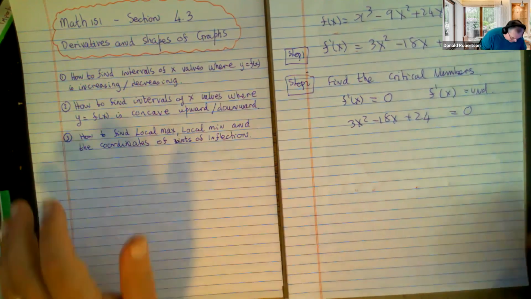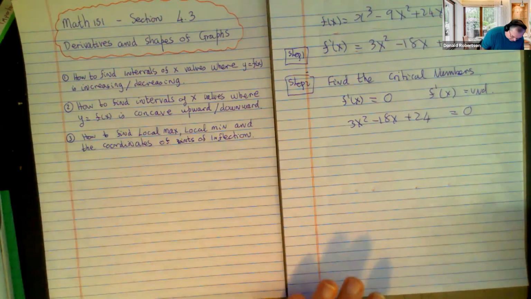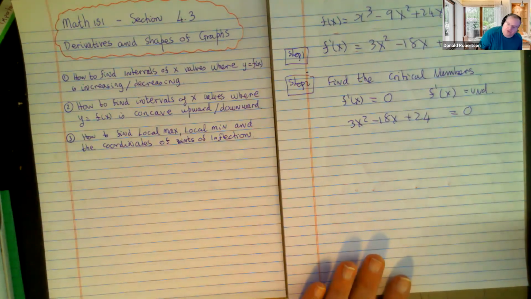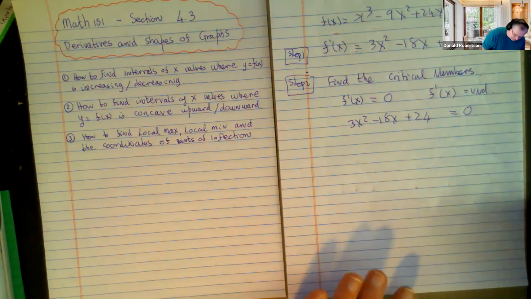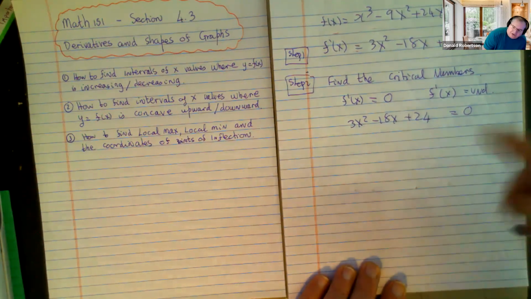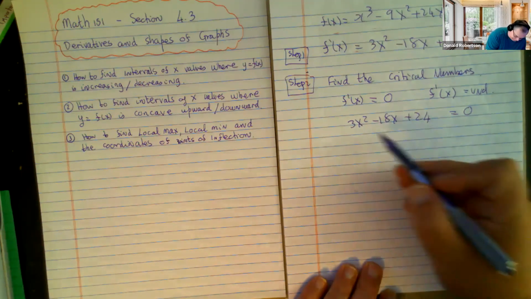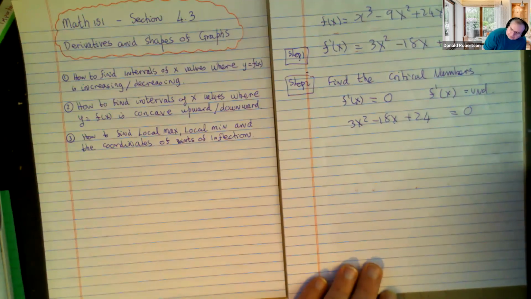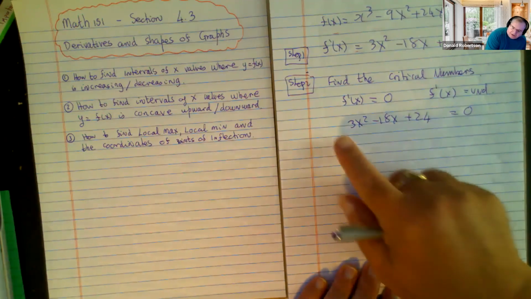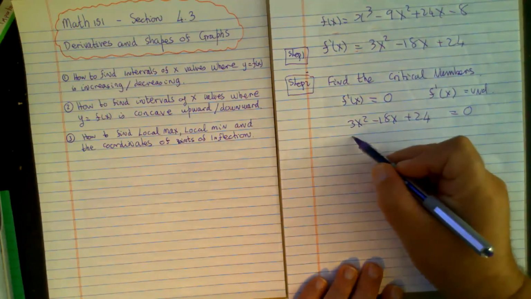We're going to get exact values, so it's a good idea to get used to factoring things because you're going to do a lot of that in these questions. Looking at that, is there anything you could do that might make solving equals 0 easier? Factor out the 3. I would.